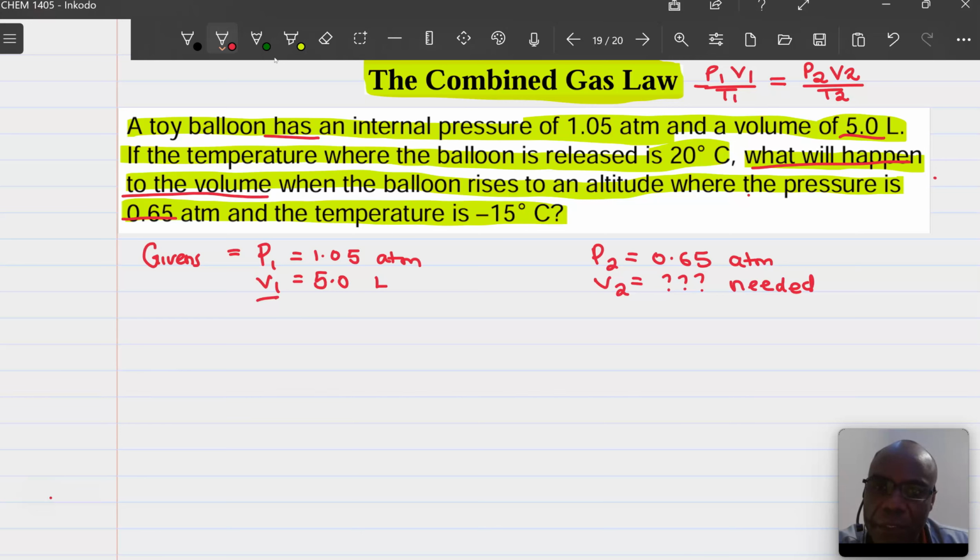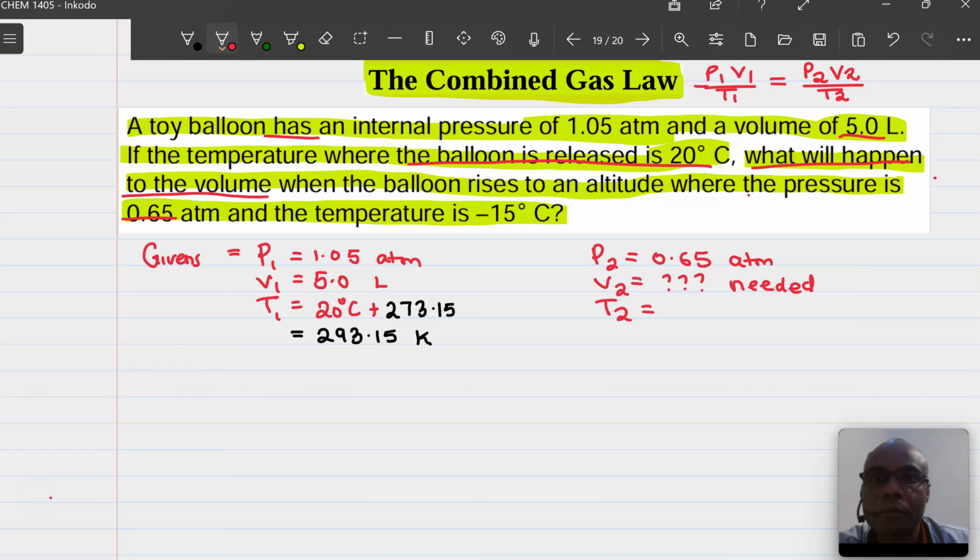Now temperature T1: the initial temperature where the balloon is released is 20 degrees Celsius. We have to convert it to Kelvin by adding 273.15, which gives 293.15 Kelvin.